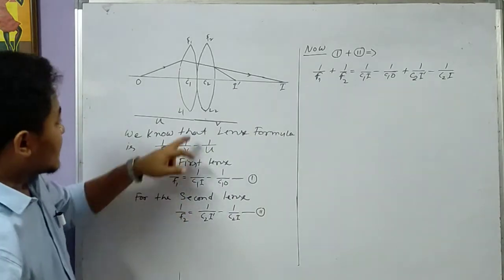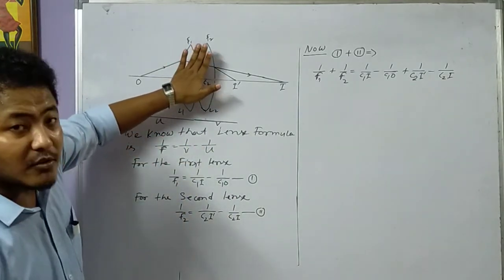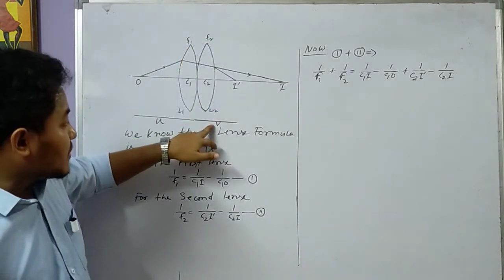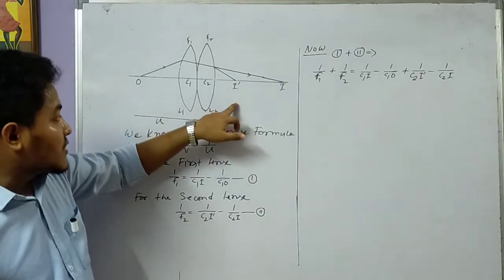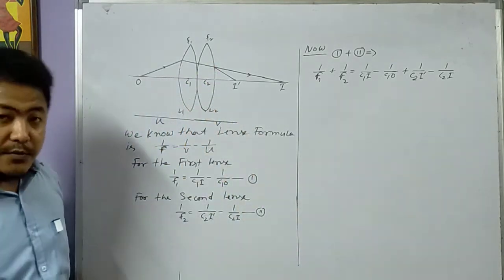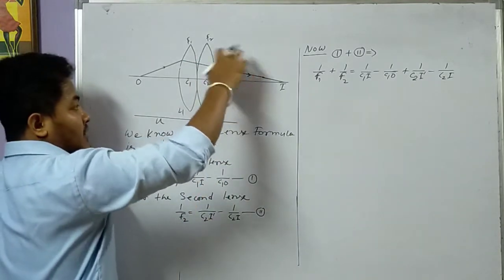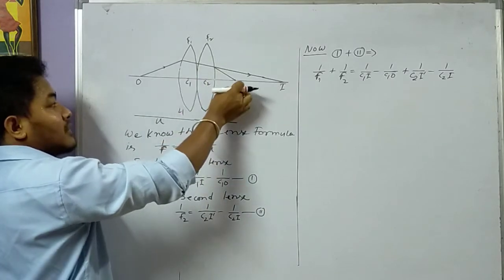That means this is the object distance for the combined lens, the final combination, and this is the image distance for the final situation, that is, for the combined lenses. Remember, when the lenses are separate the image forms here, but once I put them together, the image forms here.